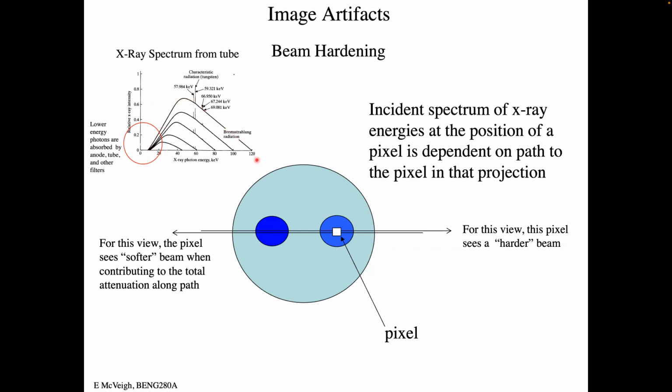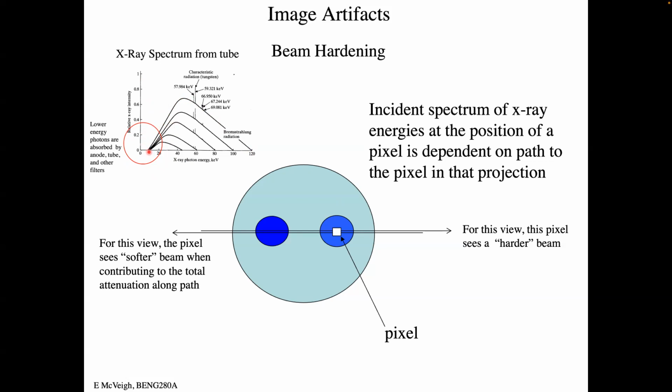If I set my voltage to 120 kilovolts, 120 kVp is the highest energy photon I can get, but the relative numbers of photons as a function of energy looks like this. And remember, it goes down to 0 here because we filter out the low energy photons.